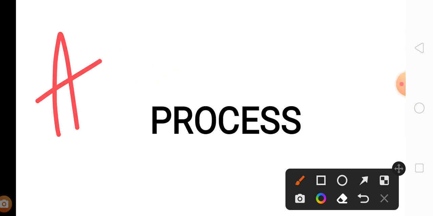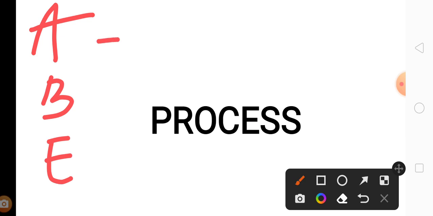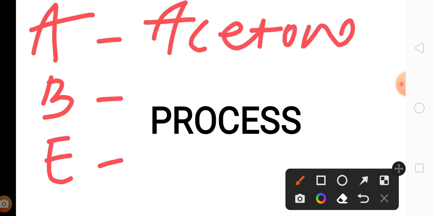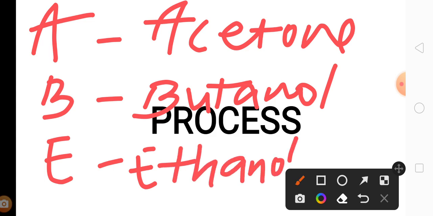In the meantime, I'll tell you, ABE is basically acetone, butanol, ethanol.